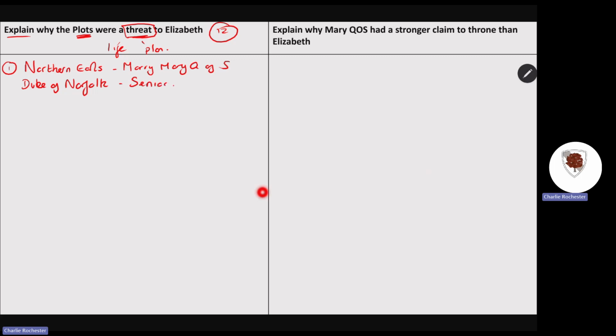He was one of the most senior nobles in England. Now, this was all found out about, and the Duke of Norfolk was put in prison. First of all, this would be a threat, because marrying Mary, Queen of Scots, to the Duke of Norfolk would have made them very powerful and probably boosted Mary's claim to be the monarch of England.